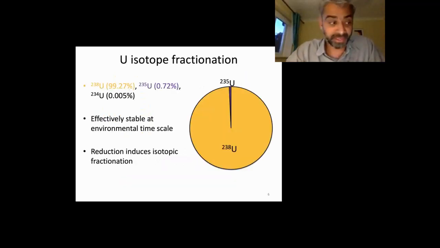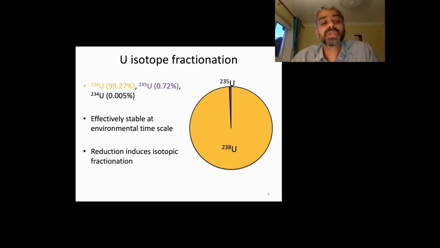They behave differently. Now, uranium has 3 isotopes, and we can call them stable at environmental timescale, decadal timescale, because their half-lives range from several 100,000 to several 100 millions to actually 4 billion years.